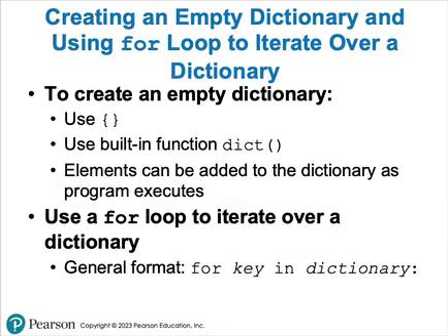You can iterate over a dictionary. So if you say for something in dictionary, that something is going to be the keys of the dictionary, because that's kind of the most common thing that you would want to look for.